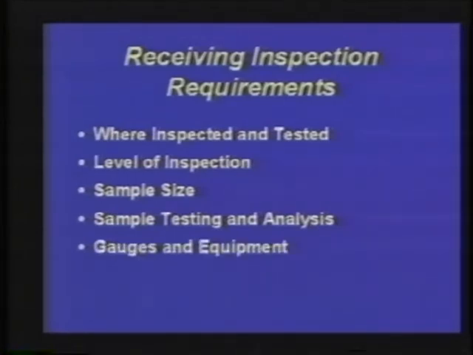The types of gauges and equipment that would be required to support receiving inspection may be ring gauges, snap gauges, OD and ID type indicators, thread gauges, rulers, and potentiometers, and any other application that would be required to support what you are going to inspect and how you're going to inspect it.